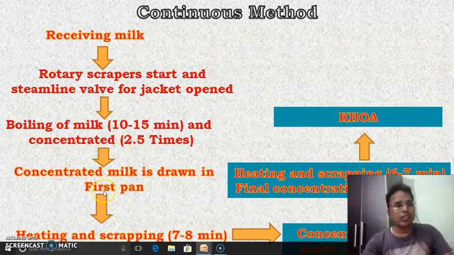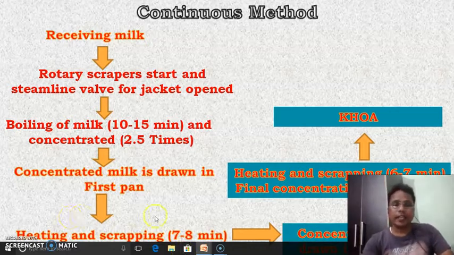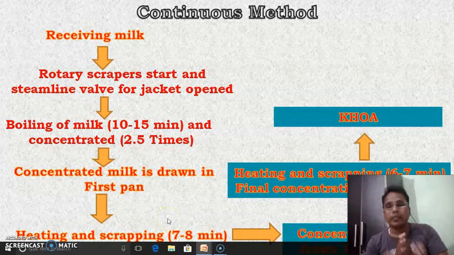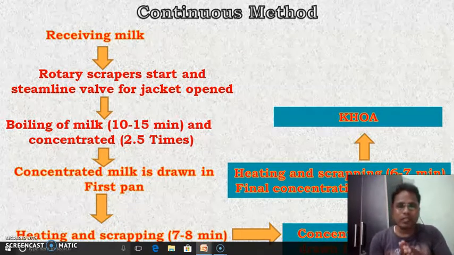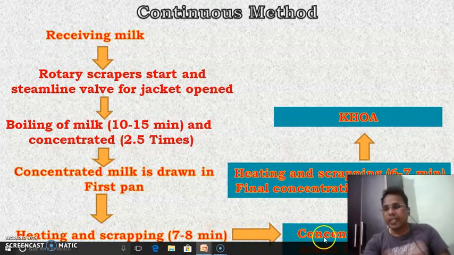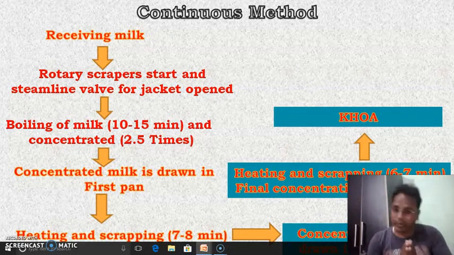Then the next step is this concentrated milk is taken to the first pan, and it is heated for 7 to 8 minutes, and during heating it is continuously scraped by the scrapers provided in the first pan. Then it is transferred to the second pan, and again it is heated and scraped for 6 to 7 more minutes, and the final concentration is attained when it becomes 4 to 5 times concentrated milk.